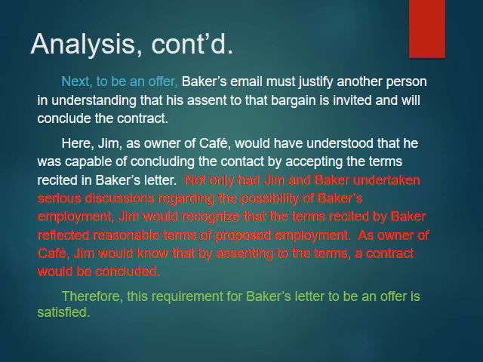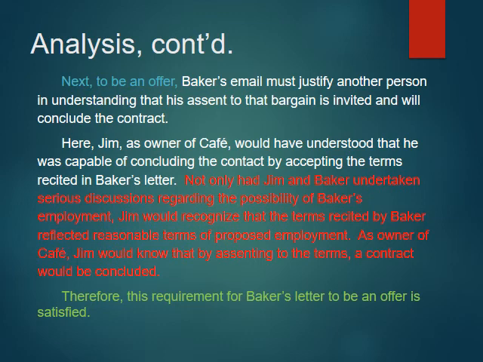So Baker's email must justify another person in understanding that his or her assent to that bargain is invited and will conclude the contract. Here, there's that transition word; we're into the analysis. Jim, as owner of the cafe, would have understood that he was capable of concluding the contract by accepting the terms recited in Baker's letter.